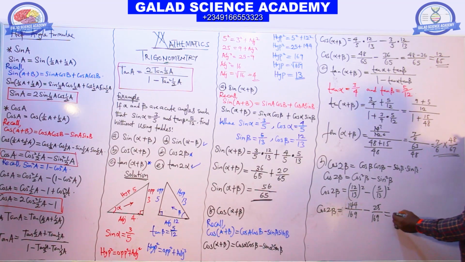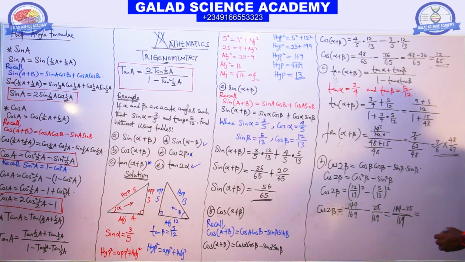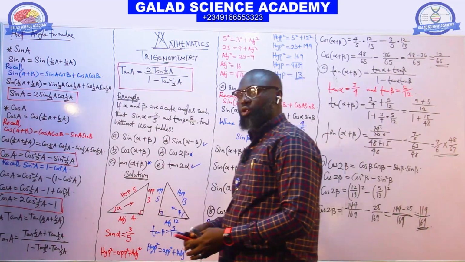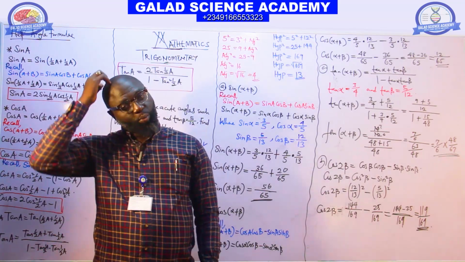What is the LCM? We have 169. So that is 144 minus 25. It will later give us 119 over 169. So that is the final answer. You can help me to solve the numerator. So the next aspect we are going to check now is the product.